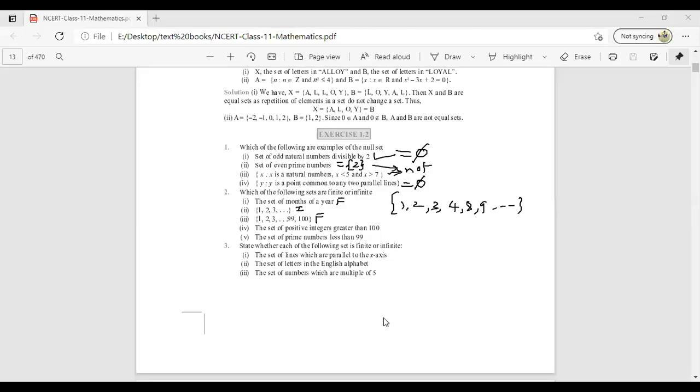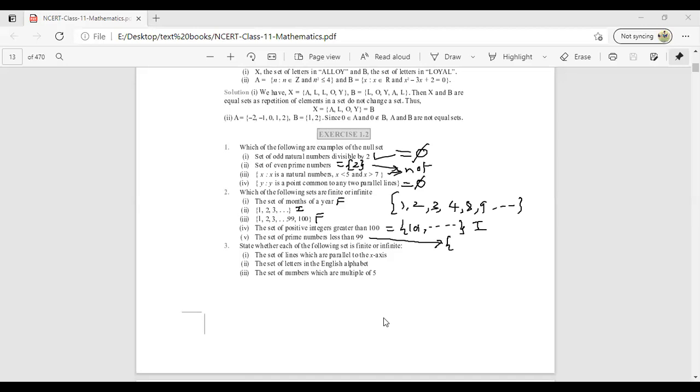Next, the set of positive integers greater than 100. Positive integers greater than 100 are many: 101, 102, 103, and so on. There is no limit, so it is an infinite set. Set of prime numbers less than 99.